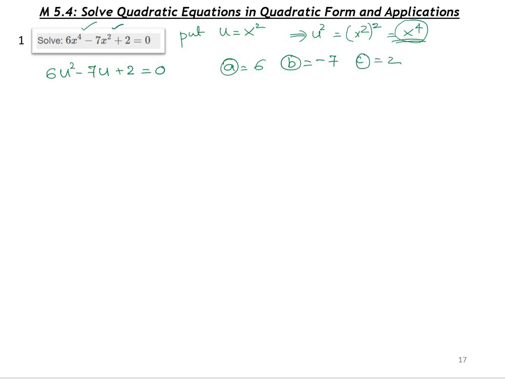So apply the formula. u is equal to, because the variable is u here, negative b plus or minus square root of b squared minus 4ac, divided by 2a.